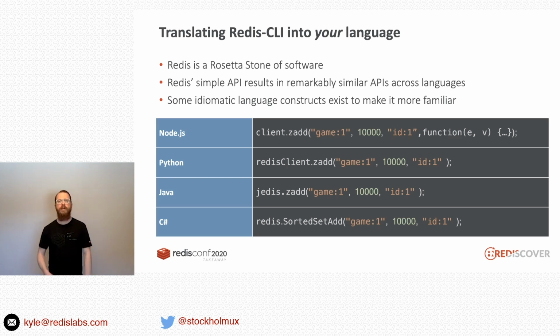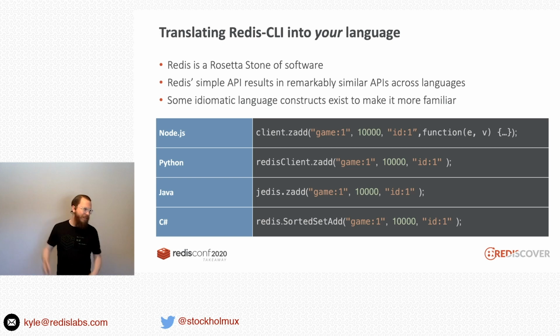We have Node.js here. We're going to add to a sorted set. We're doing key and then the score and then the member. We learned that earlier. Python is the same thing, but we have a slightly different way of articulating it. It doesn't have a callback in this case, which is kind of a Node.js thing. Java is working the same way as Python. I mean, they're practically the same, after the Redis versus Redis client. It's the only difference there.